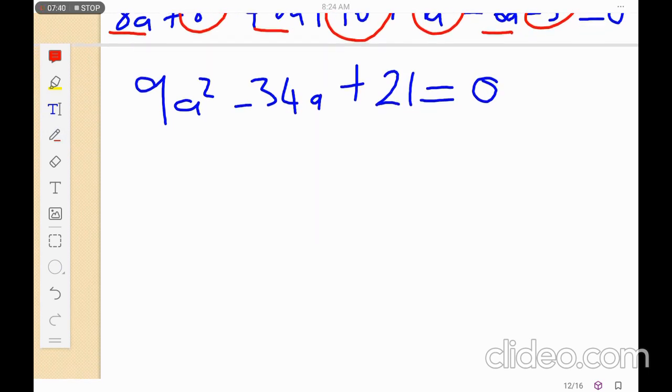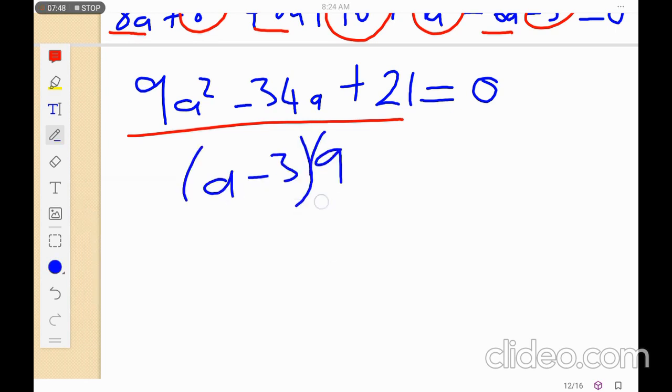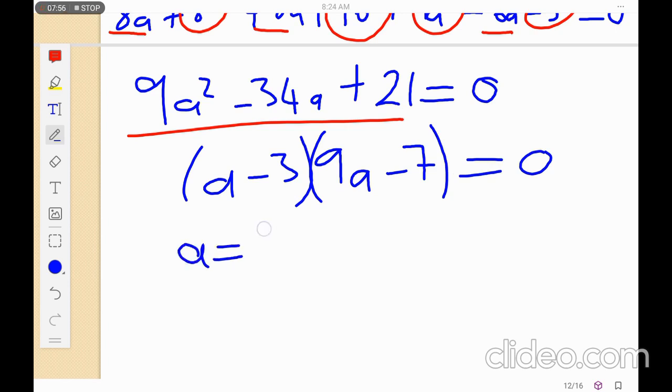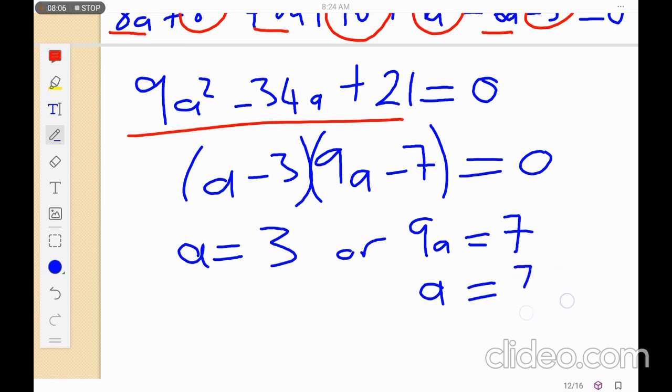Then we can try to factorize this item here. If I factorize, I get a minus 3 and 9a minus 7 is equal to 0. So we are saying a is equal to 3 or 9a is equal to 7, so this one becomes a is equal to 7 over 9.